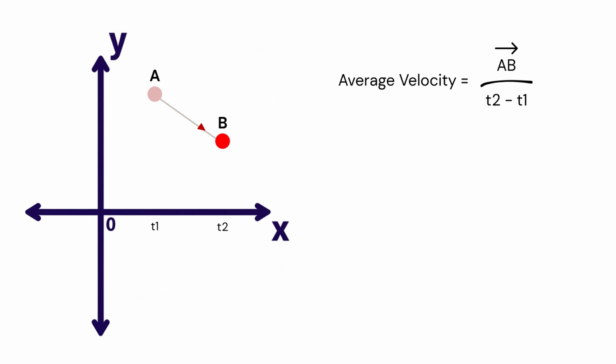We know that displacement is the straight line distance from the origin. Assuming the origin is point O, let's draw a straight line R1 to point A and another straight line R2 to point B. From the diagram, we can conclude that the net displacement of the body, represented by the arrow from A to B, can also be expressed as R2 minus R1.